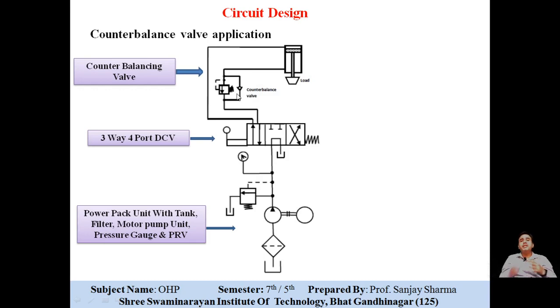This is the main difference in this circuit, that if the actuator position is vertical, then we require a counterbalance valve so that during the extracting position it won't freely fall, and during the retracting position extra pressure is required so that it won't move easily.